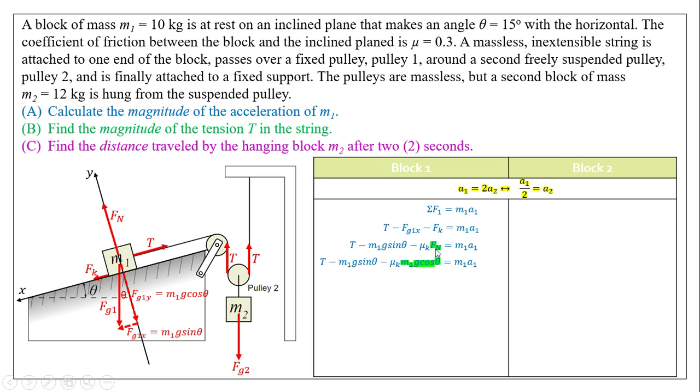So I can replace Fn with Fg1y, which is m1g cosine theta. And that's what I have highlighted here. I substitute Fn out for Fg1y.